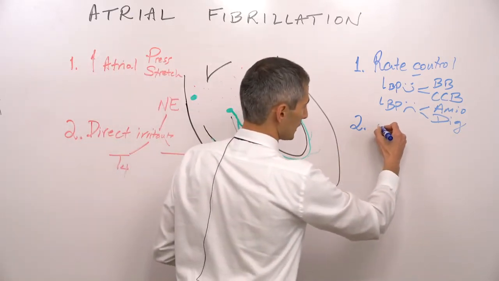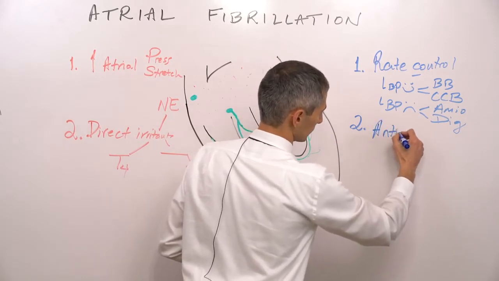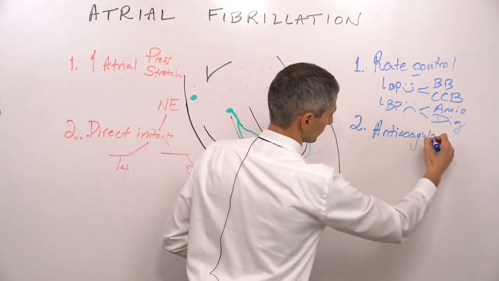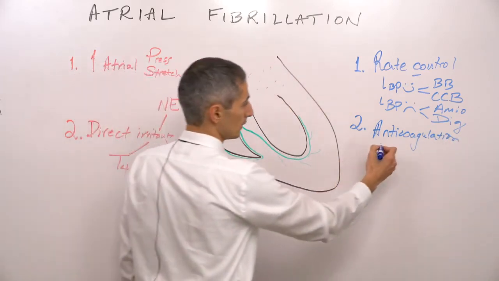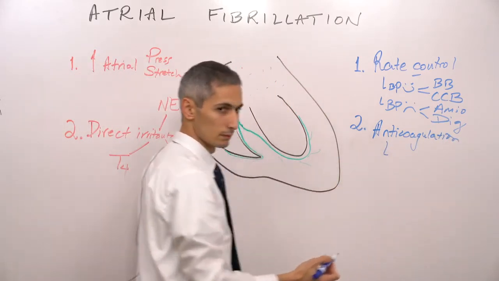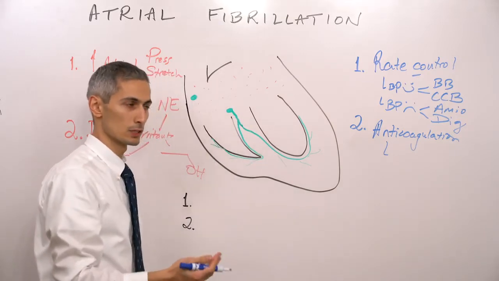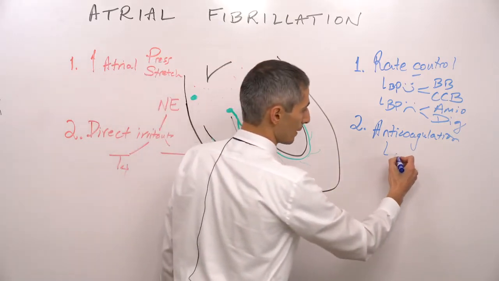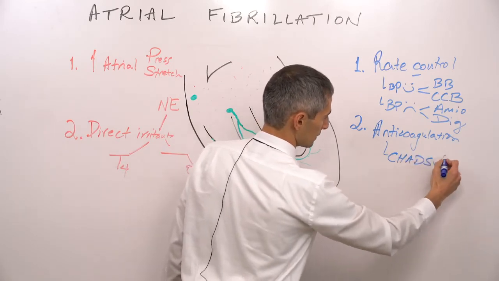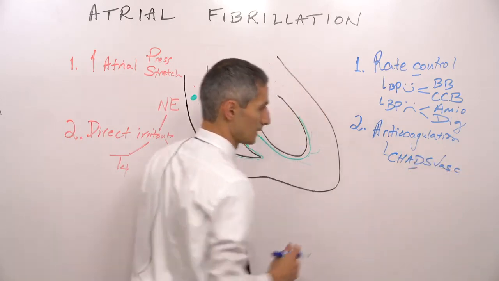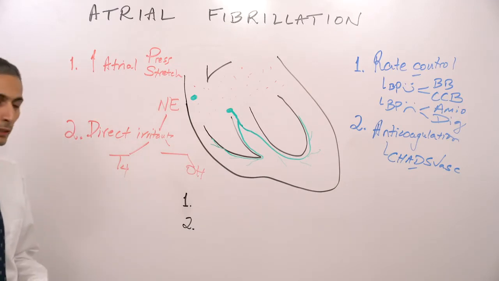So anticoagulation benefits many patients with atrial fibrillation, depending on their degree of risk of thromboembolism as determined by many of the excellent risk prediction scores, specifically these days the CHA2DS2-VASc score.